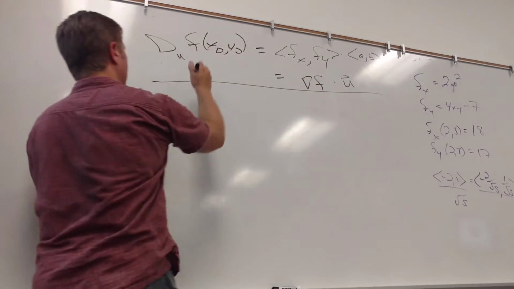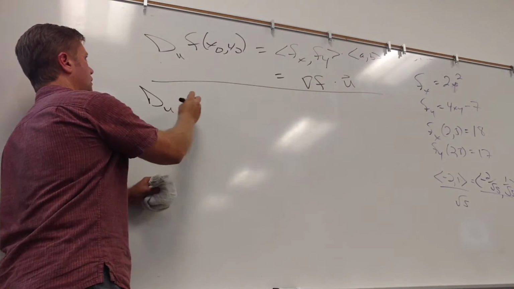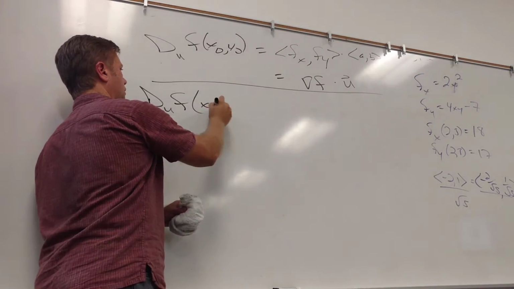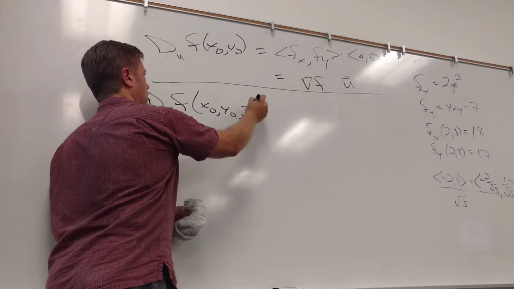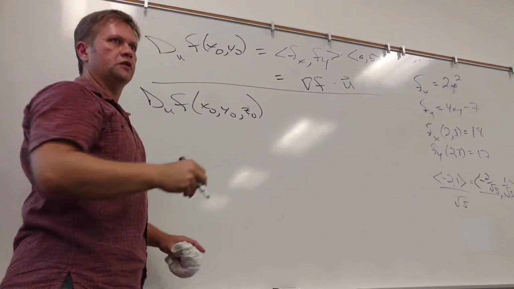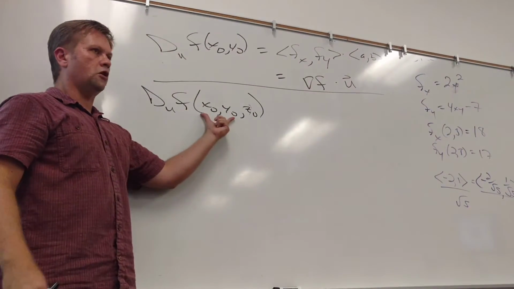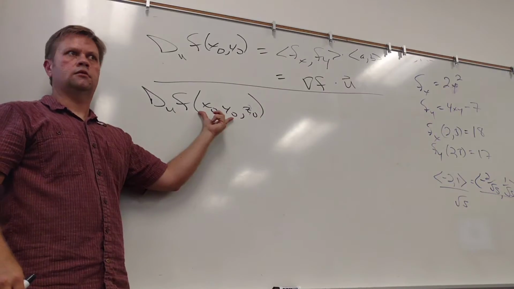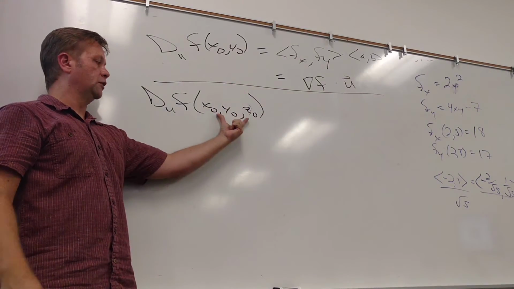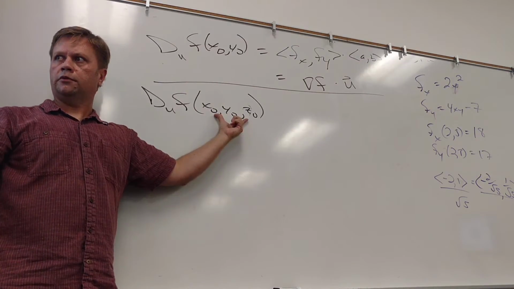So I can extend this. Hopefully this makes sense. I can extend this to be true for... Make sure you guys really get what this means. How many total variables would be involved in this? 4. I like it. There's 3 input variables, or otherwise known as 3 independent variables.